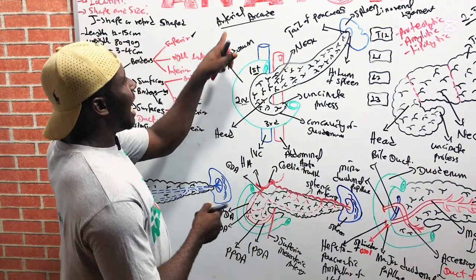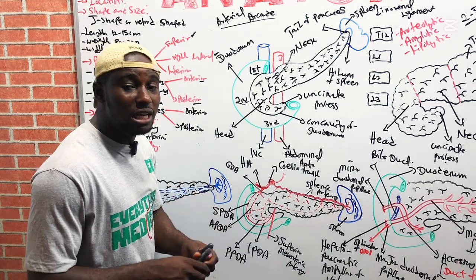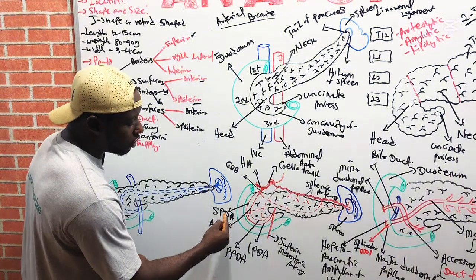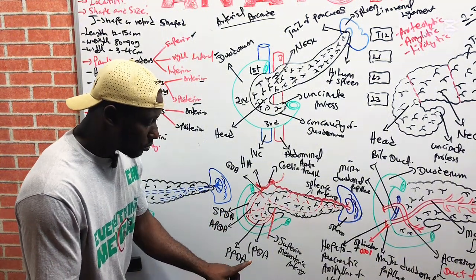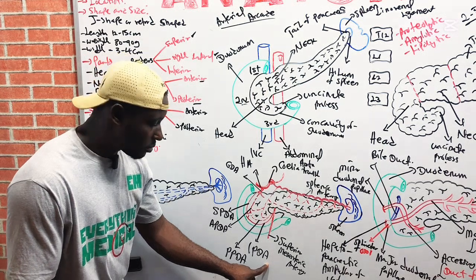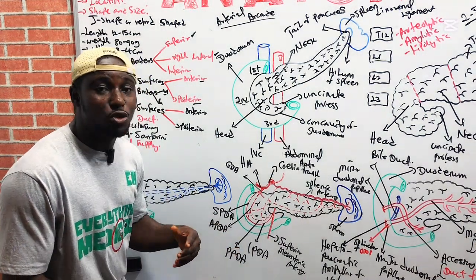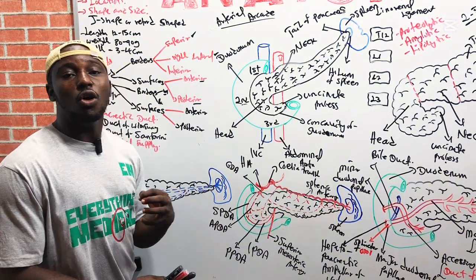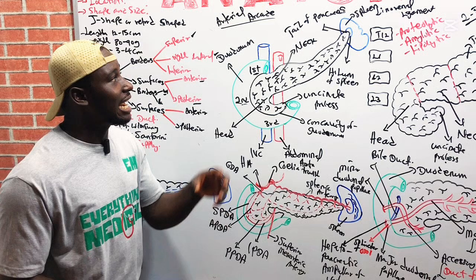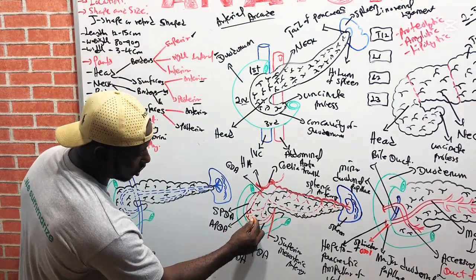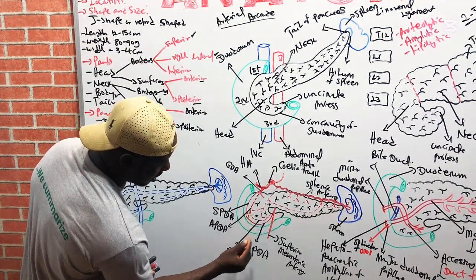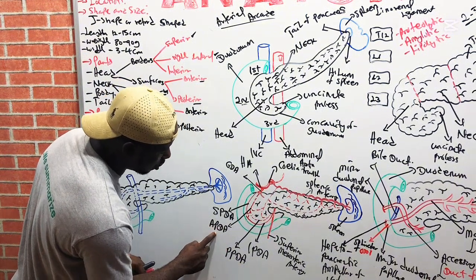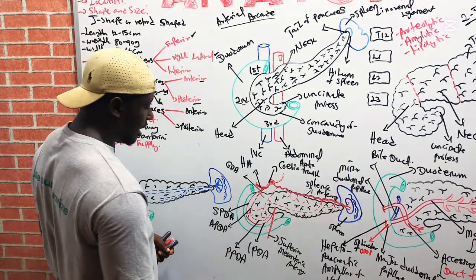The arcades are formed between the anterior and posterior branches from the superior and inferior pancreaticoduodenal arteries. They form it in this region. This is the point of the anastomosis, right?